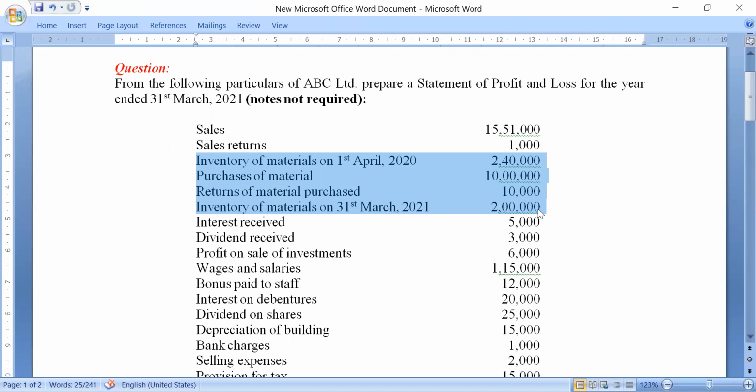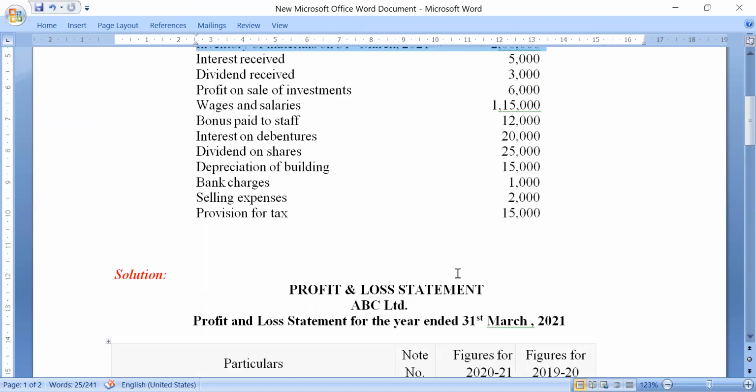Try to understand, dear students, this is a question of a manufacturing business. How much they have consumed in the year, we can find out by adding the net material purchased to the opening inventory, and deducting the closing inventory. Very simple.